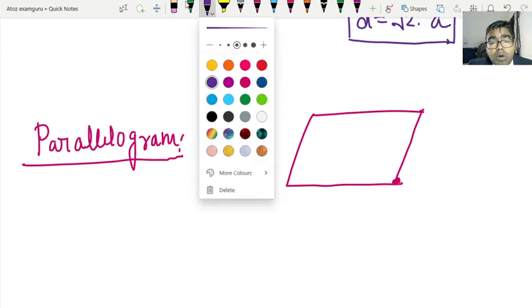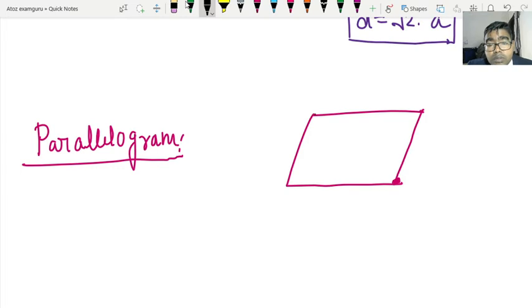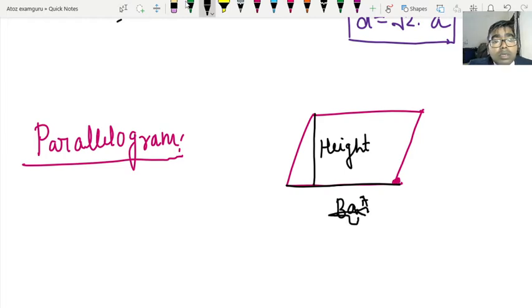Let's draw some height. So this is the height, and this is the base, right friends?